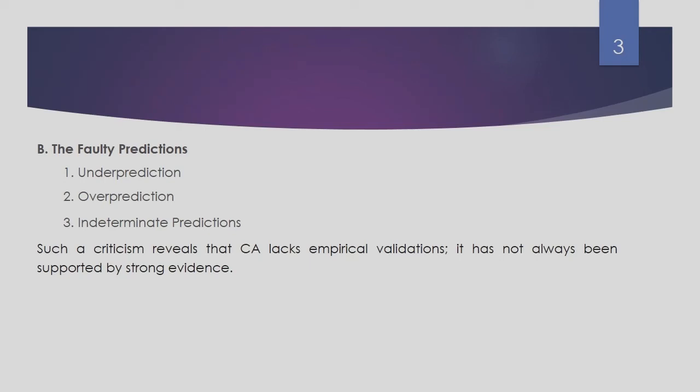Indeterminacy refers to the CA being unable to specify which of two or more structurally likely substitutions the learner will select. Contrastive analysis cannot tell you which structure the learner will select from his L1. On the whole, such a criticism reveals that contrastive analysis lacks empirical validations, empirical evidence. It has not always been supported by strong evidence.